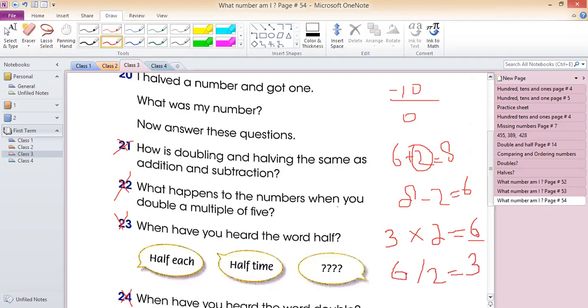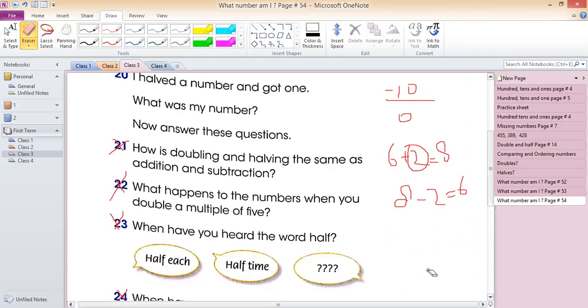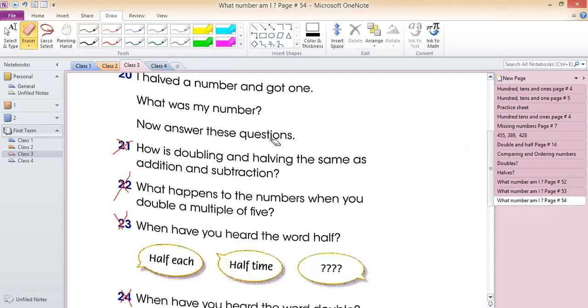So this is how doubling and halving are the same, because here we do the opposite, multiply by 2 or divide by 2. In order to find a double, we multiply by 2, and in order to find the half, we divide by 2. That's why they are the same as addition and subtraction, because addition and subtraction are also opposite to each other, and doubling and halving are also opposite to each other.